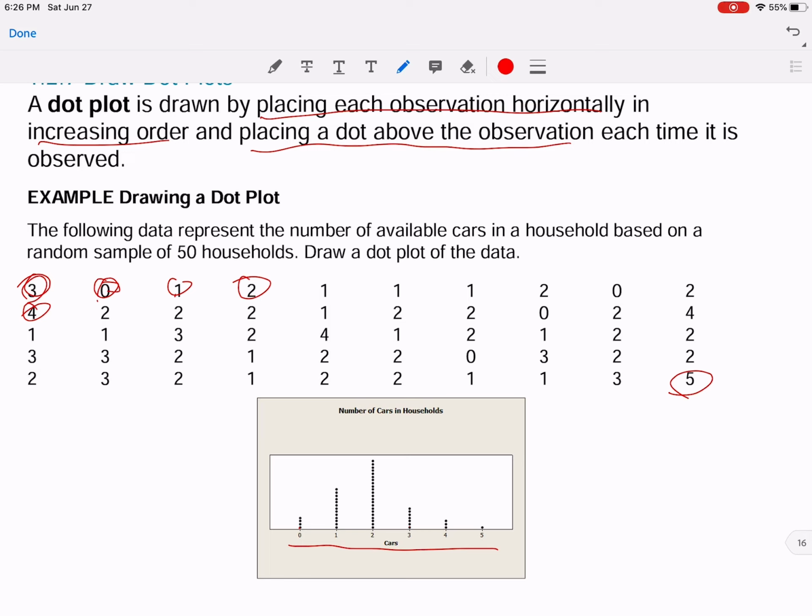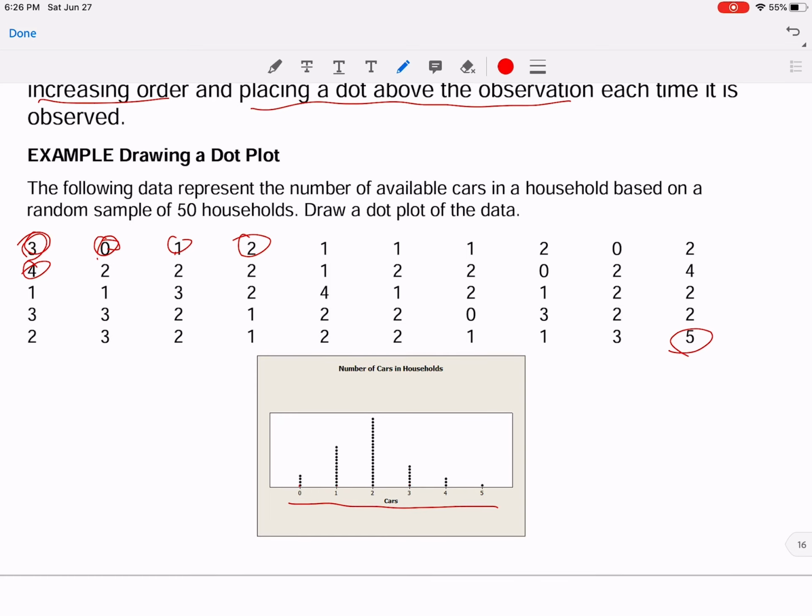So without the raw data here, if we just look at the dot plot down here, we can retrieve the raw data as well, because from here we get 4 dots above 0, which means we get 4 zeros in the raw data. So let's take a look at if it's true or not. So let me clear this a little bit.